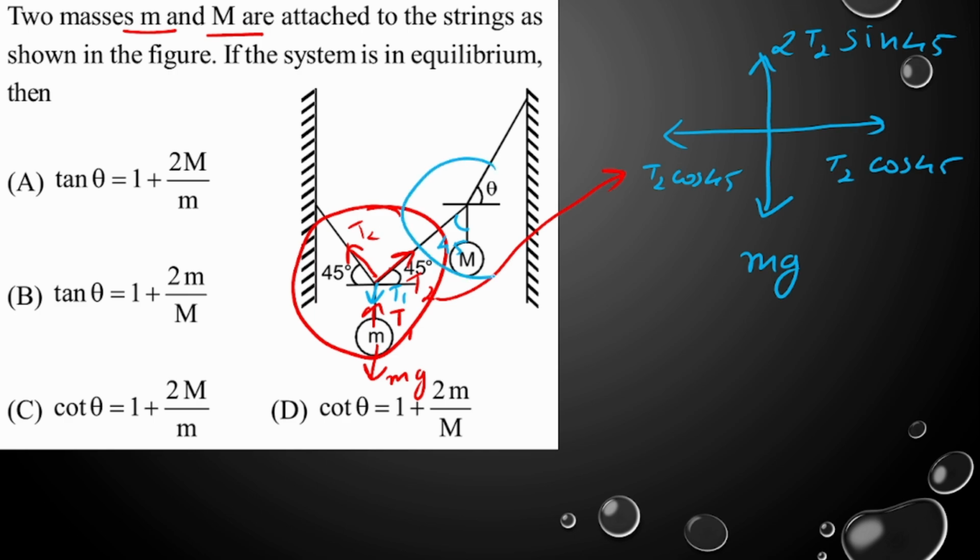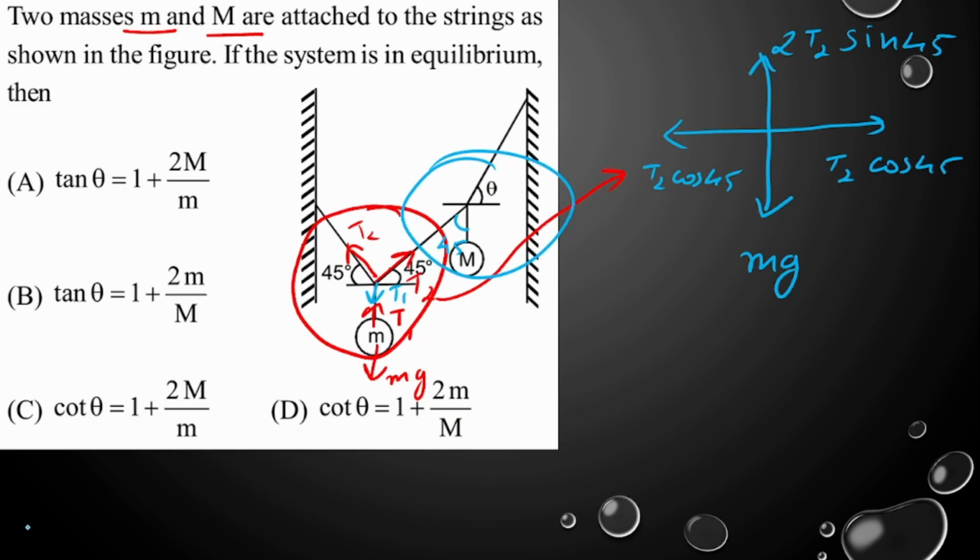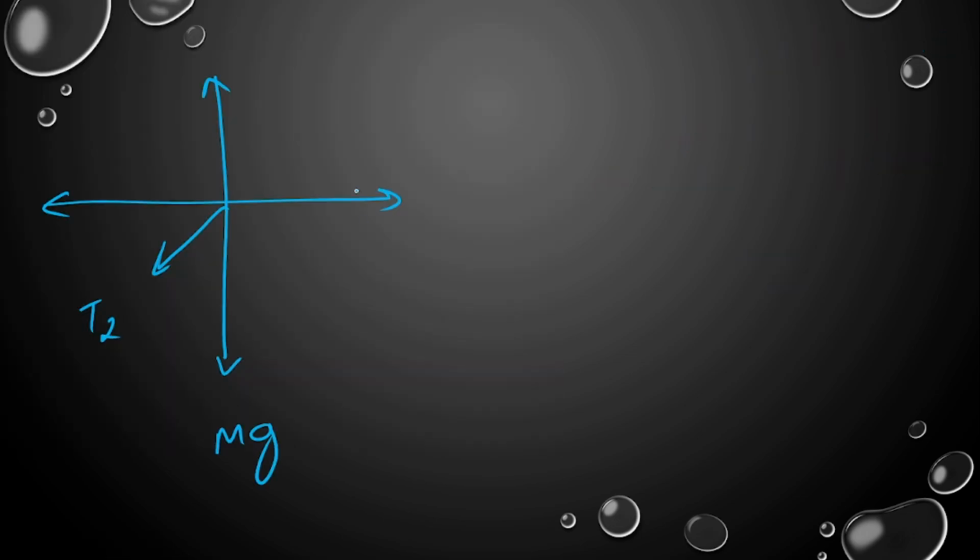Now drawing this point on the next page, we will have capital Mg, this will be T2, and this will be T3, and the angle will be theta with the horizontal, and this will be 45.